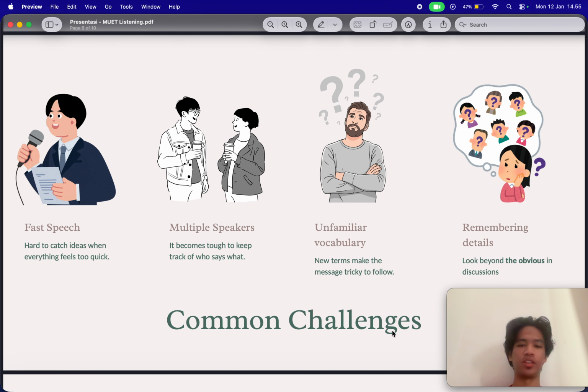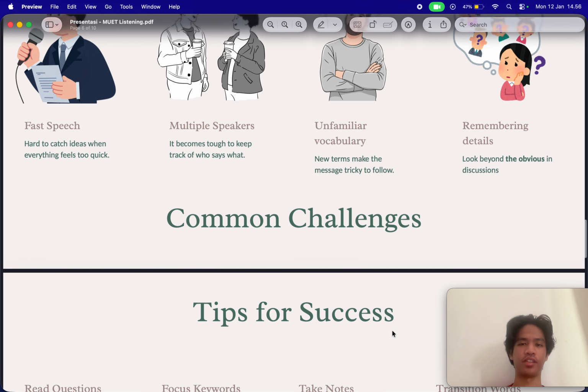Sometimes the recording contains complex or unfamiliar vocabulary, especially academic terms, which may be hard to understand. Finally, students often struggle with remembering details while listening, especially when information is presented quickly. To overcome these challenges, practice and strategic listening are essential.